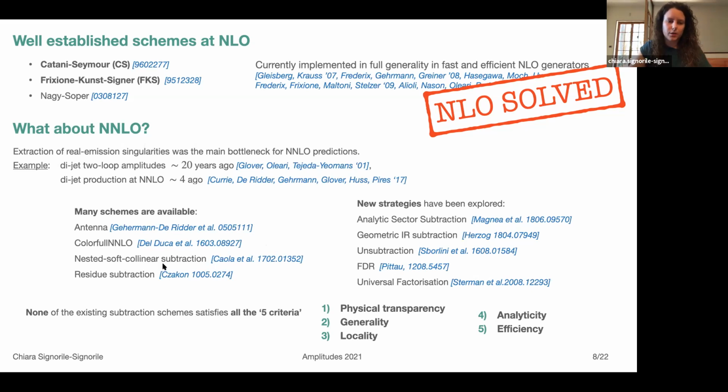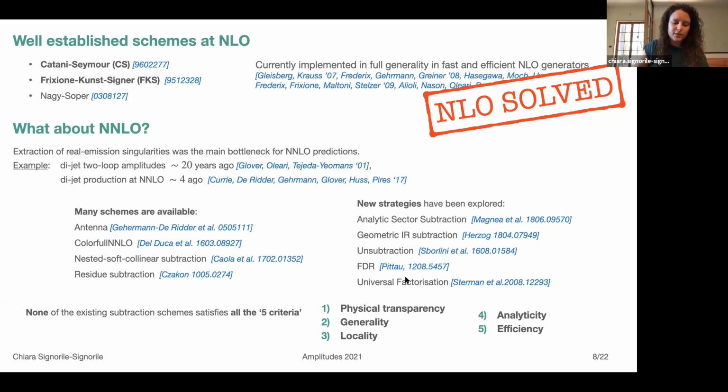Some of them are really well tested and available. And I would like to stress the presence of the nested soft-collinear subtraction, but also new strategies have been explored.